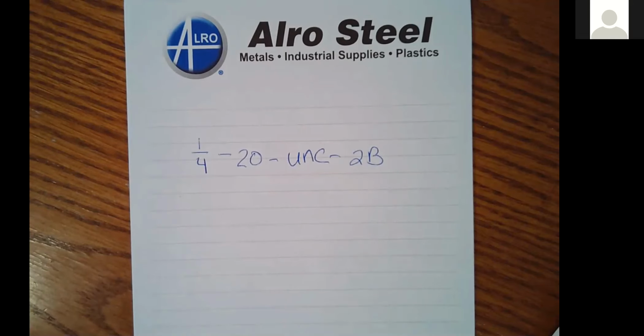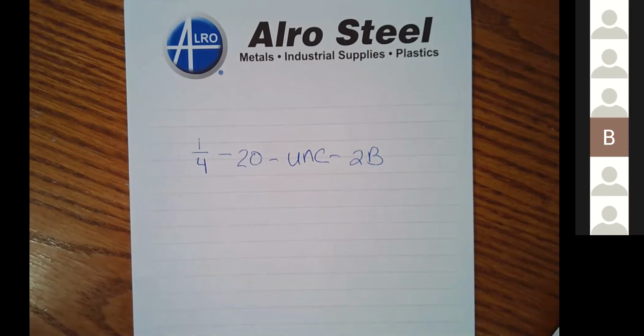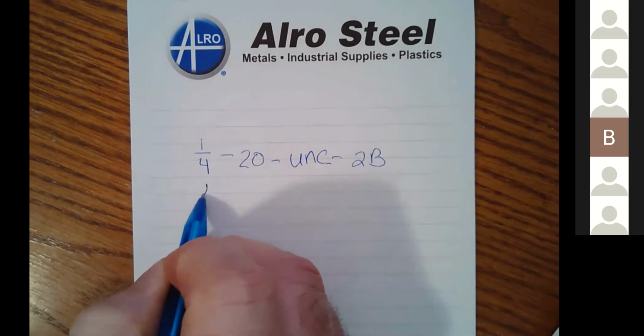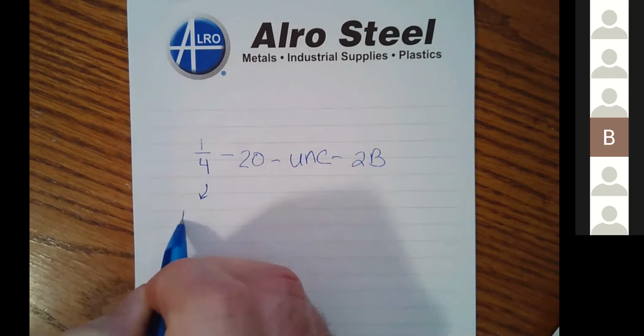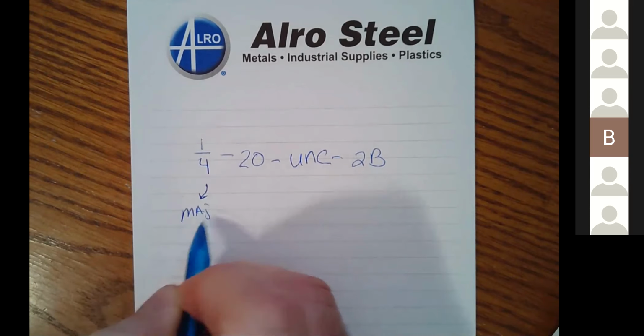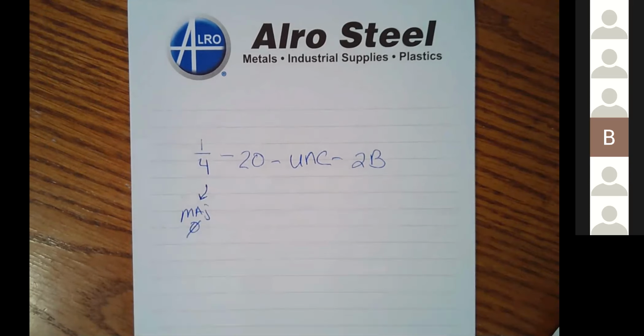The major diameter of the screw? It's going to be the major diameter, so the major diameter of the bolt. So what's the 20? What's the 20 going to represent then?